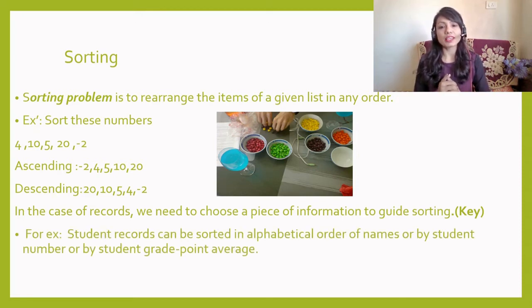One more example we can see is to sort records. If we consider student records, they can be sorted according to the alphabetical order of names, or by roll number, or by marks. Let's see this example in more detail.